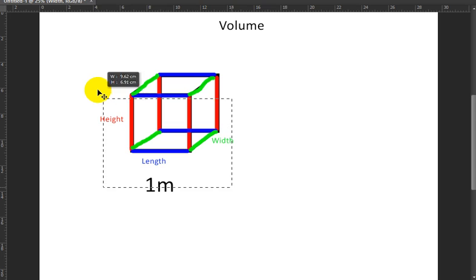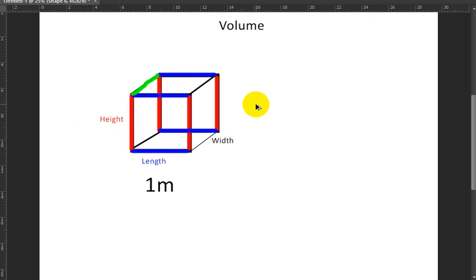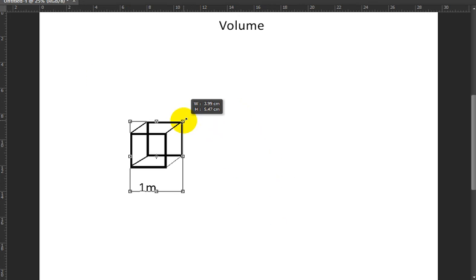So now you know what each of the edges is called. Now, what do we do with all this information? We're actually not going to need these right now. What we need to do is make this a little smaller.